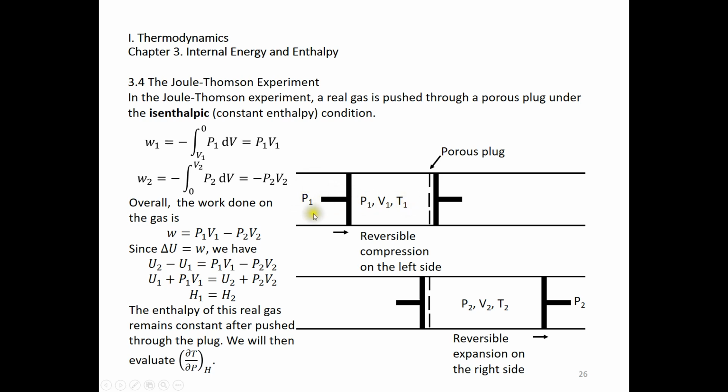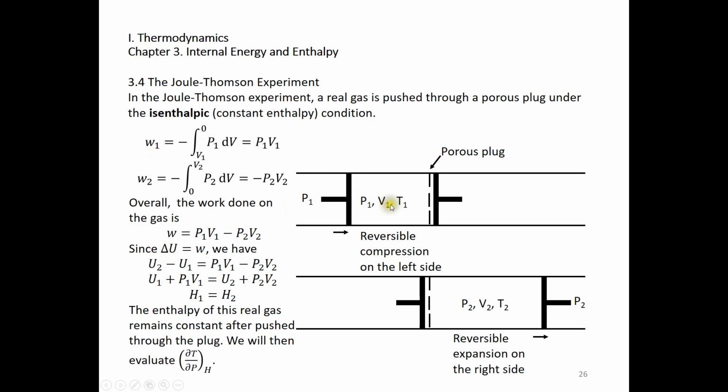We'll just make sure this P external is greater than P1 by an infinitesimal amount. And over here, same here, this external pressure is smaller than P2 by an infinitesimal amount. And therefore we can assume this numerical value is just P2, and this numerical value is just P1 when we evaluate W1 and W2.